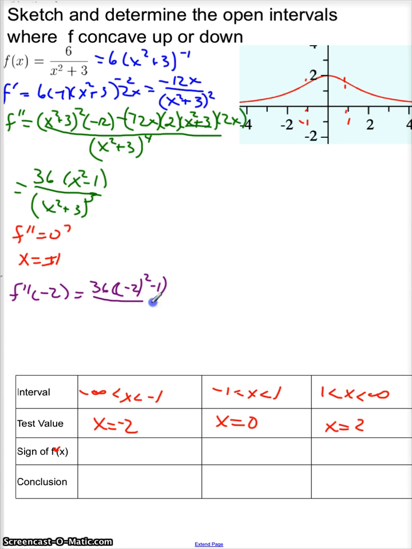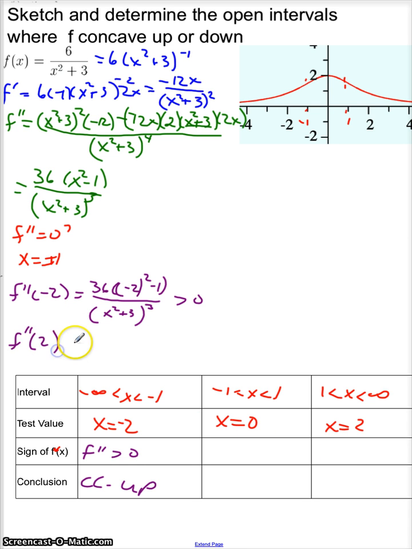The numerator is going to be positive, and the denominator is, of course, going to be positive. So it's positive. All right, so f double prime is positive, so this is concave up. Let's look at x equals 2.